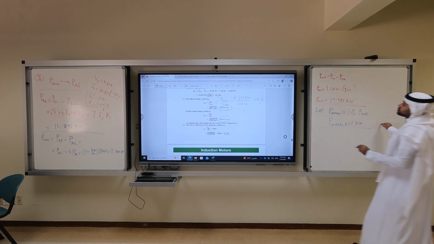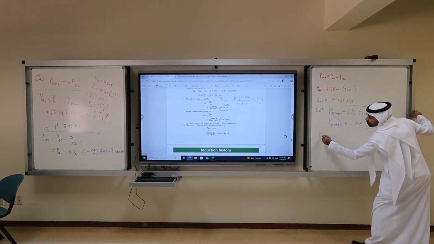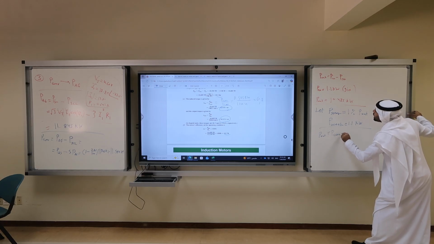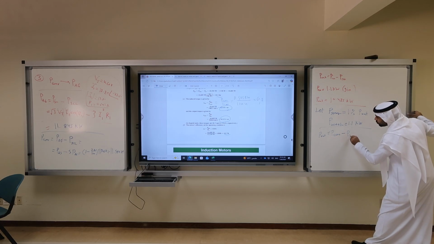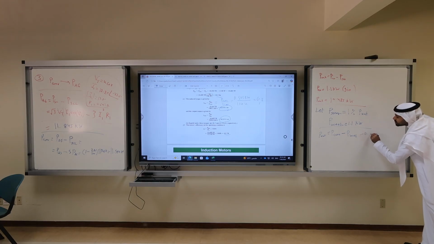What will change? P output will be P converted minus P windage plus friction minus 0.01 P output.